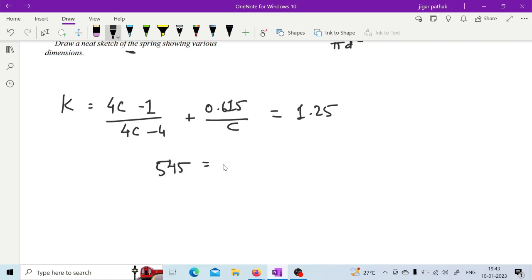Like tau is 545, then K you have calculated as 1.25, then 8 into P, that is 1250 Newton, into C, upon pi d square.